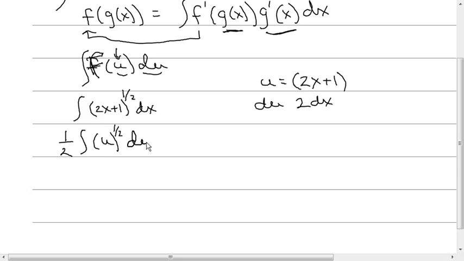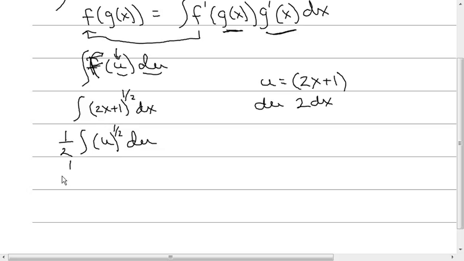If you put in u, we get 2x plus 1. Yeah, that matches. We put in du, we get 2dx, which doesn't match, but wait, here's my 1/2 multiplied by this, and we're good. So let's integrate this.